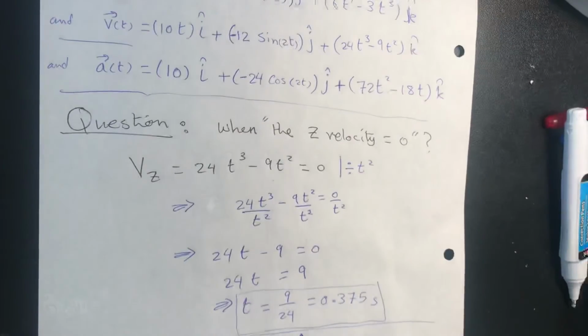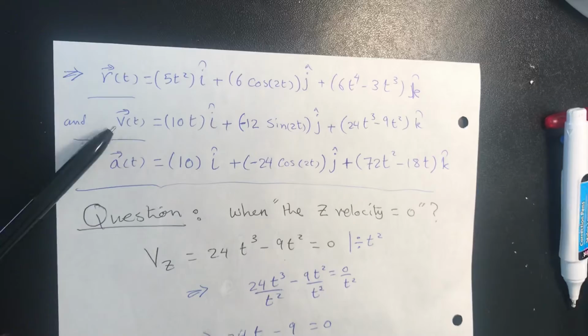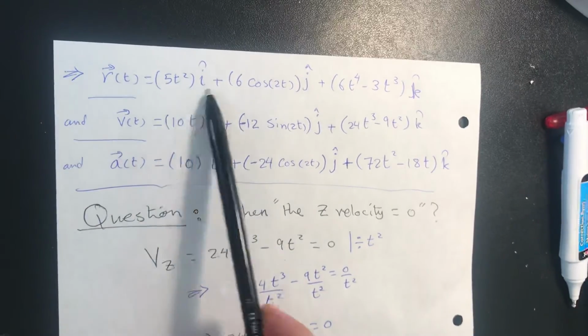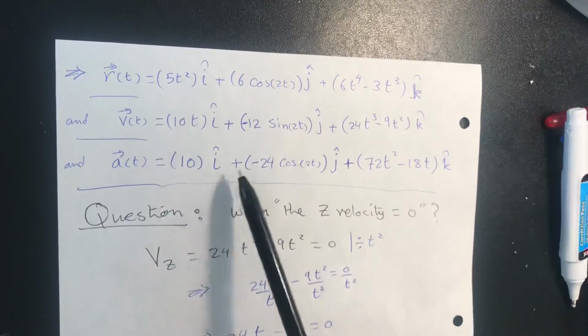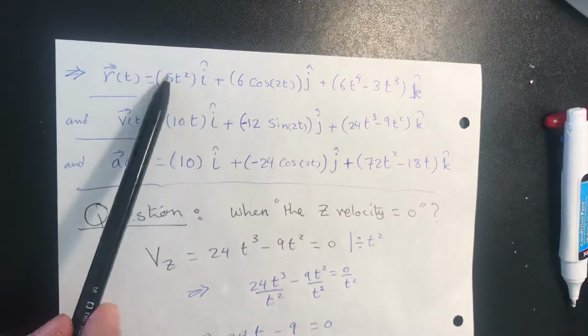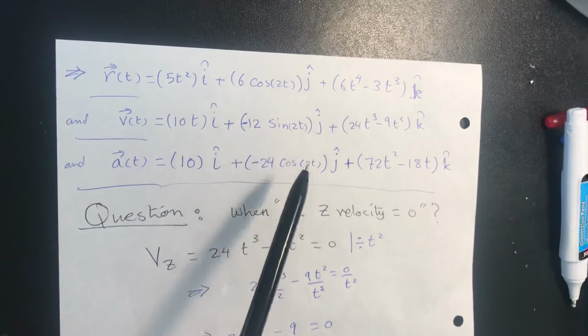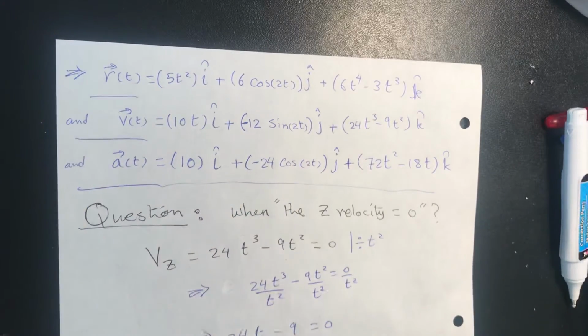Now, after that, we have the three vectors r of t, v of t, and a of t. We have them in three directions as functions of time: rx, vx, ax, ry, vy, ay, and the same for az.